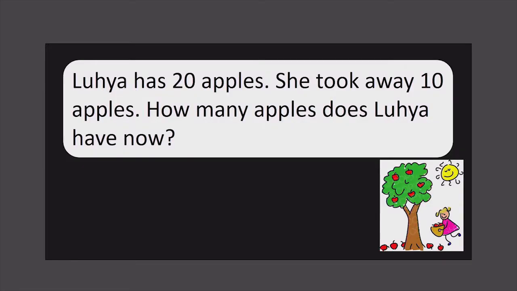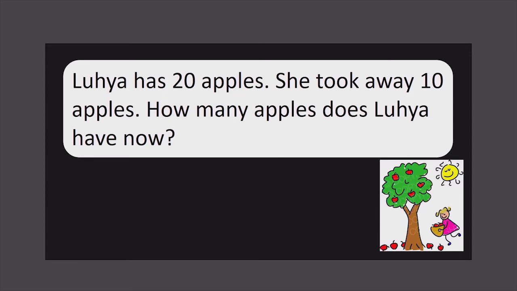So we have our first word problem here. Luhya has 20 apples. She took away 10 apples. How many apples does Luhya have now? You have to find the vocabulary which is related to subtraction from this question.